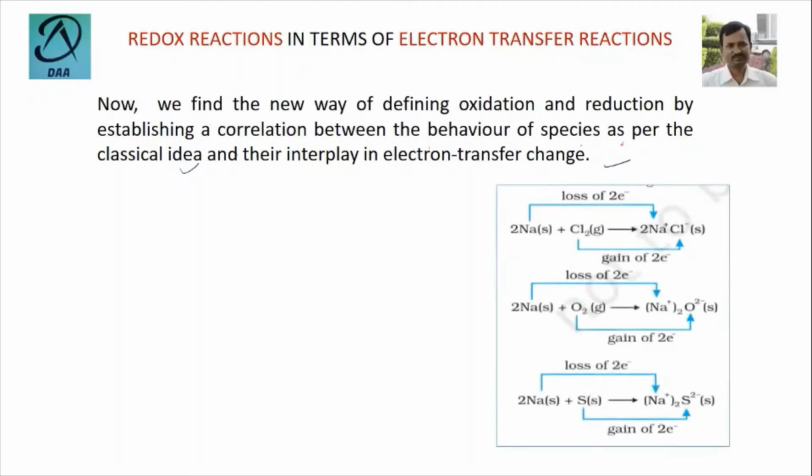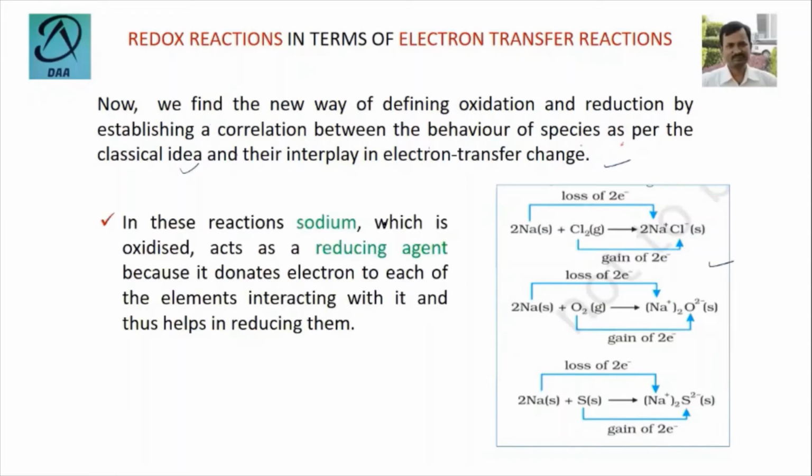So again, if we consider the reactions with the loss and gain of electrons, then we find in all these reactions, the sodium is oxidized, that means it loses electrons. It is oxidized and it will act as a reducing agent.